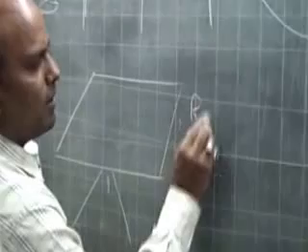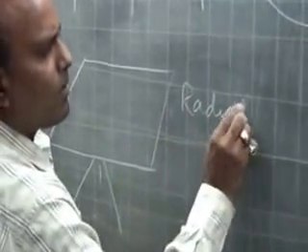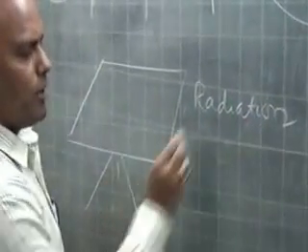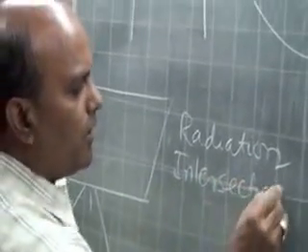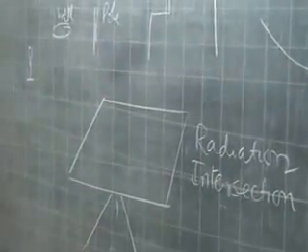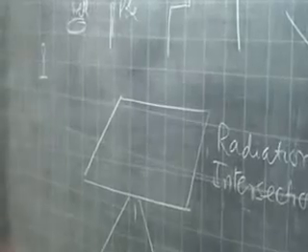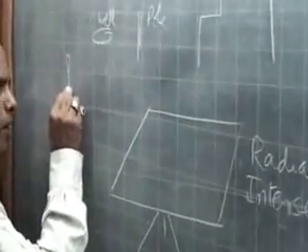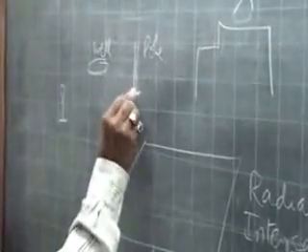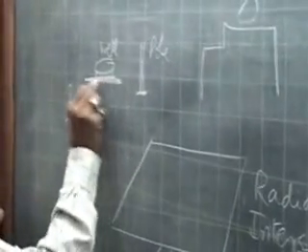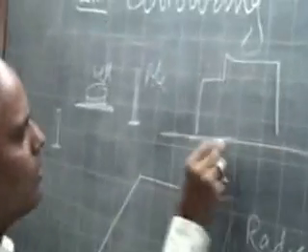While doing the radiation method of plotting or the intersection method of plotting on the plane table, at the same time we would like to know the elevation of this point, this point, and the ground here.